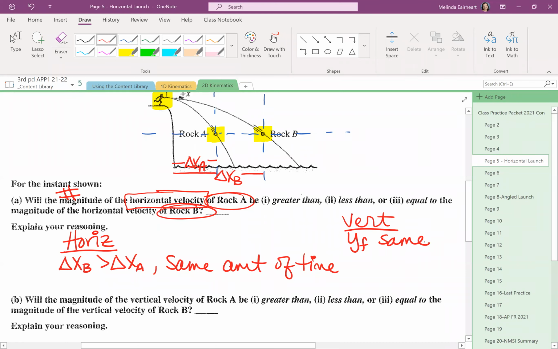Wait, you say there's no vertical velocity? 0. Oh, in the beginning. Okay. And so the initial vertical velocity is 0 for both. So that's the same. They start at the same top of the cliff, right? So yi and yf are the same at both points, right? What else is true vertically?